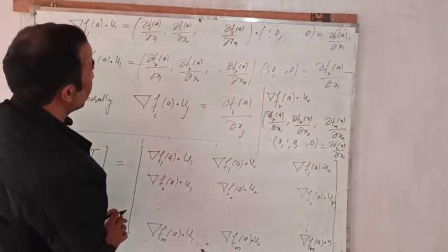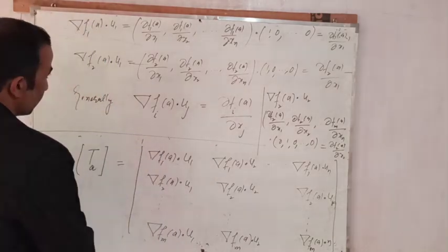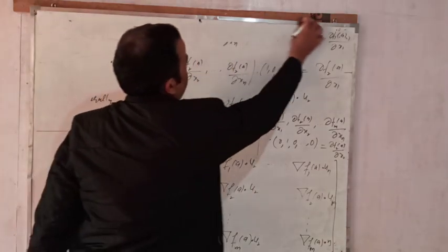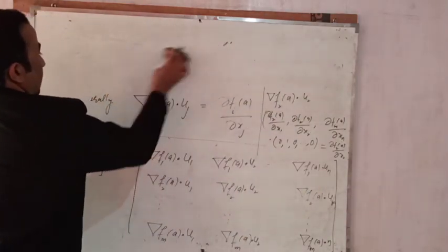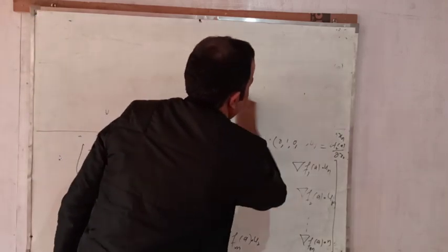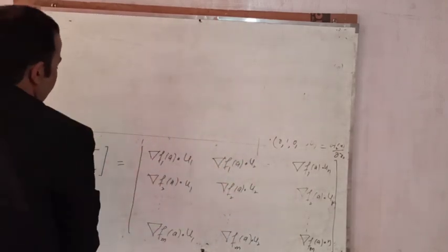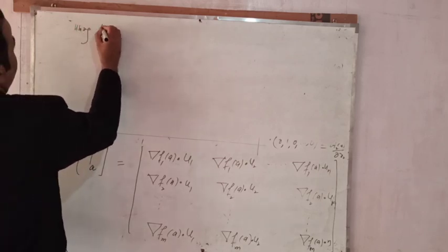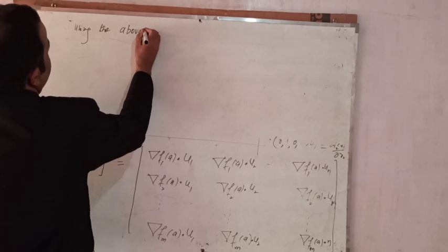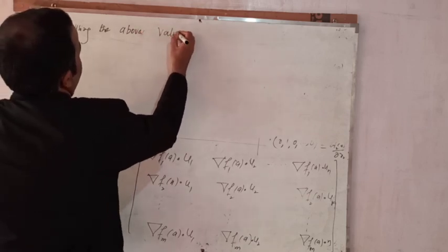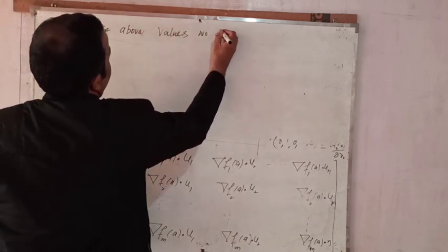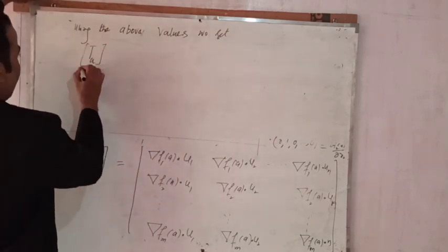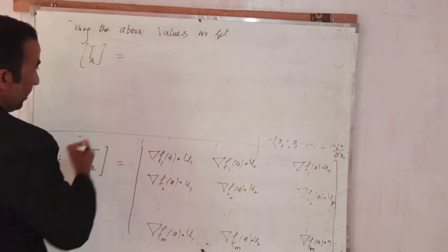Substituting these values, using the above values, we get the matrix representation of TA.